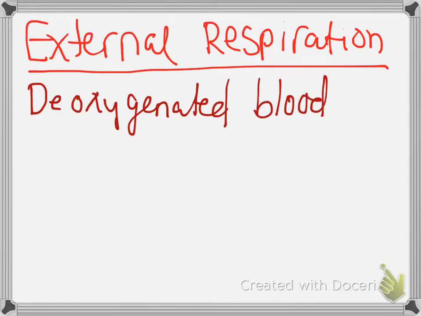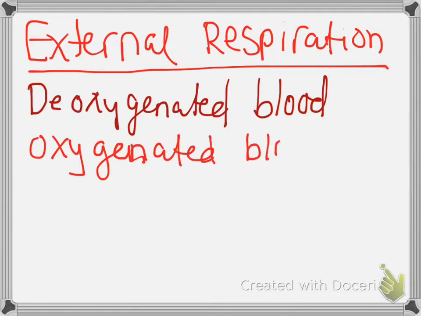When it is deoxygenated, there is a lack of oxygen molecules, and so it needs to become reoxygenated into the bright scarlet red blood that we typically think of. So it goes from deoxygenated to oxygenated. And that happens by 3 events or 3 phenomena.